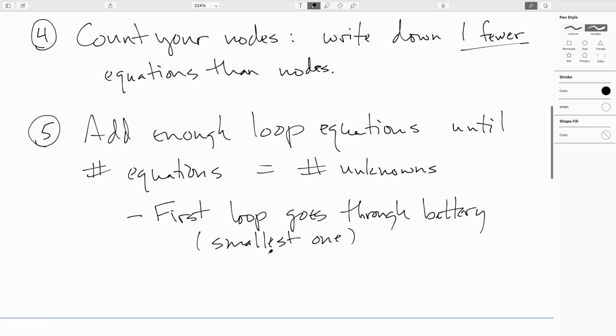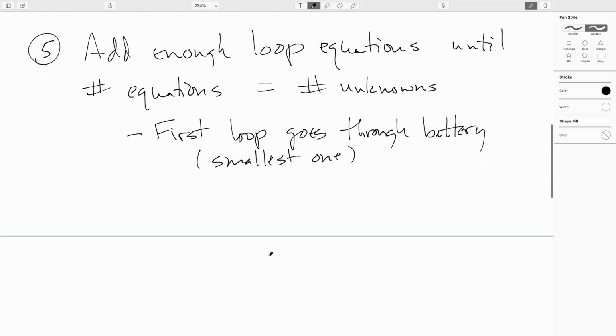And then for subsequent loops, I follow the something old, something new rule.